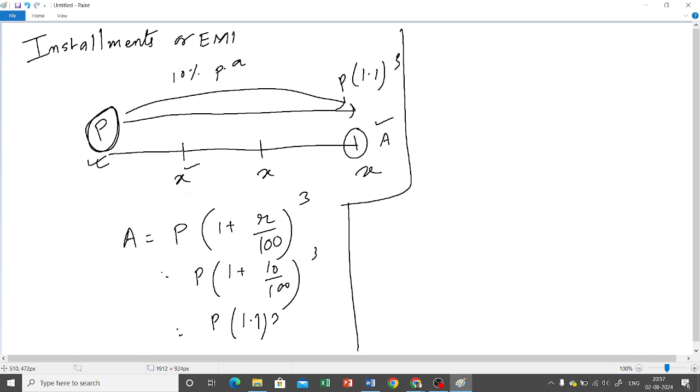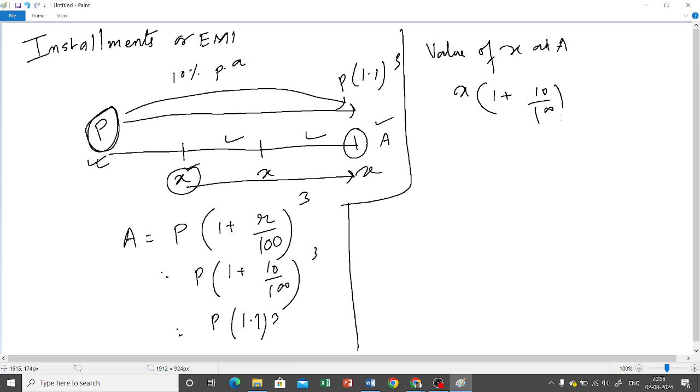Yes. Now I need to bring this X to this point again. So what will be the value of X at A? X into, how many years are there? 2. So 1 plus R by 100 whole to the power 2, that is going to be X into 1.1 square.